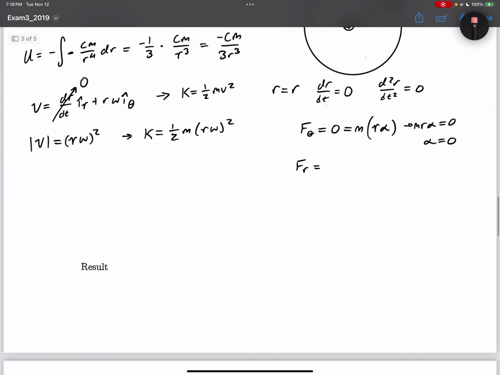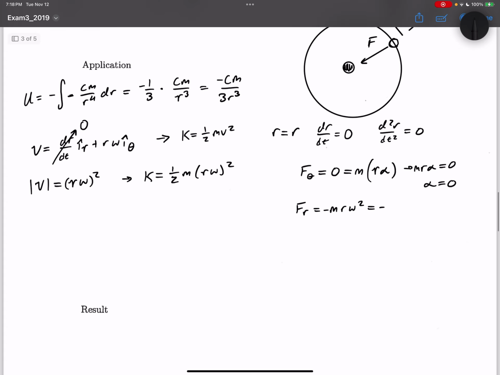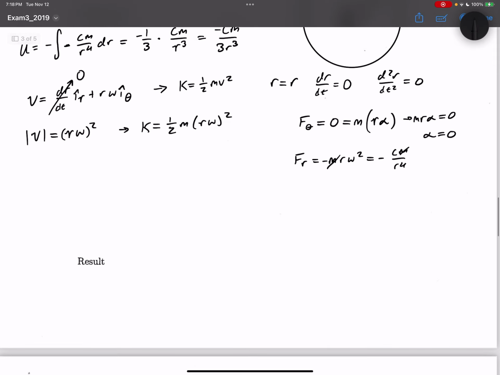So we can say negative m r omega squared equals what we were given in the problem, and since it's in the negative direction, we have negative cm r to the 4th power. Then we cancel out these m's and this negative, and so that means we have that omega squared equals c over r to the 5th.